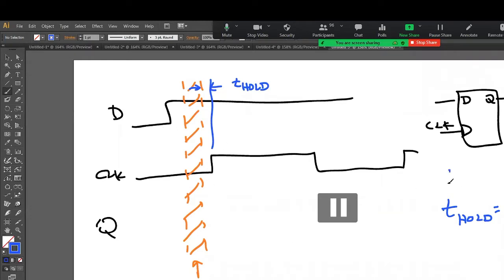And T setup is always positive. In this case, the absolute value of it has to be bigger than the absolute value of T hold. So something like 5 pico or something, right? This is T setup.